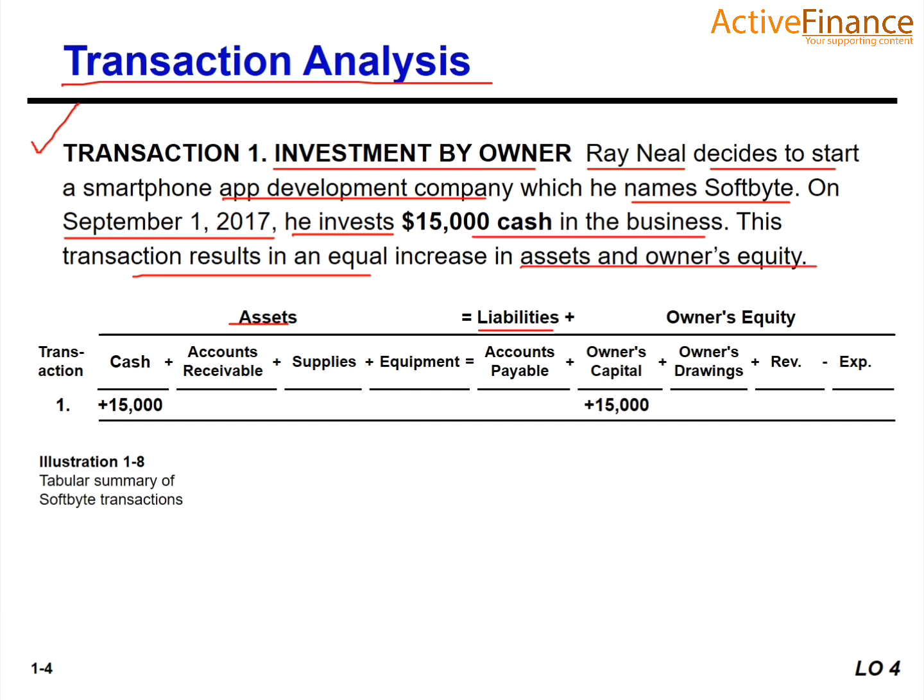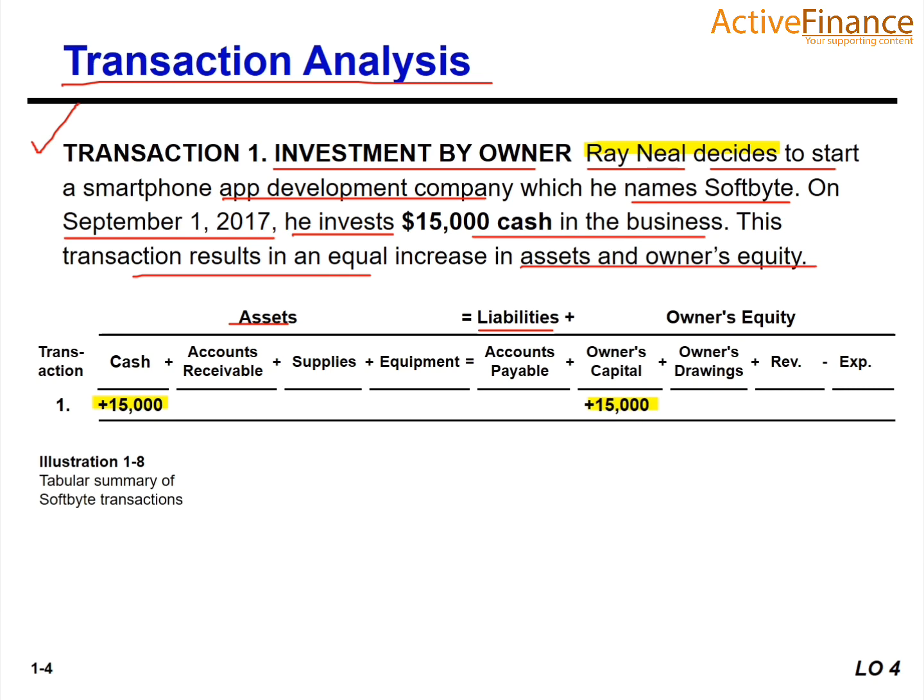So here we have recorded plus 15,000 in cash, and also in owner's capital. This is the amount that the owner has invested in SoftBite. Because the transaction has a dual effect, it affects both sides. We have done the first transaction.